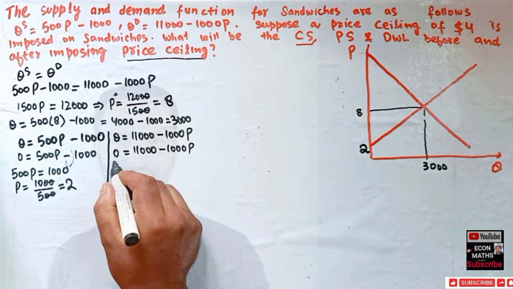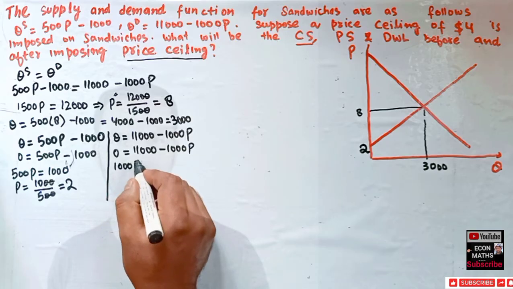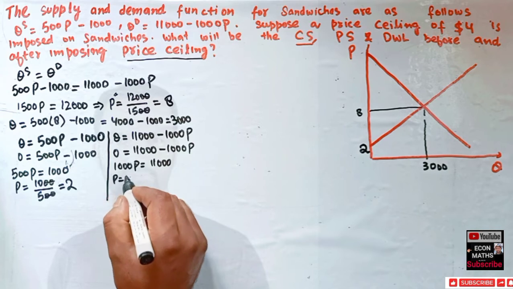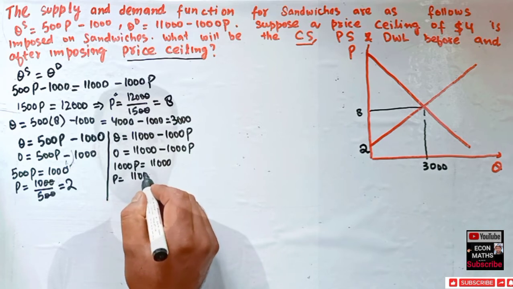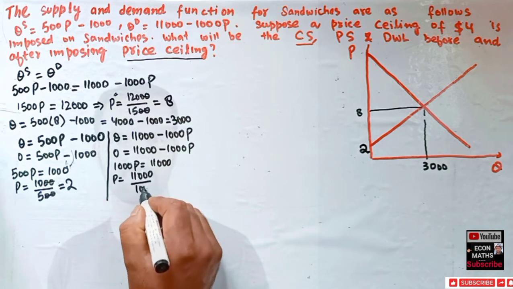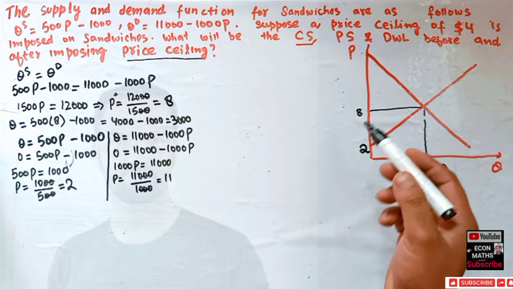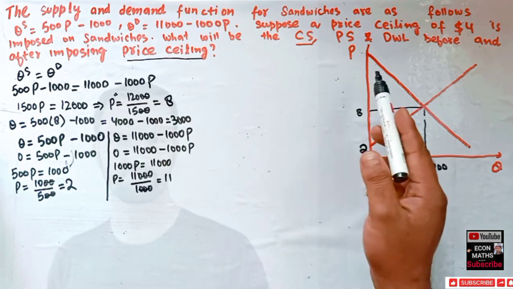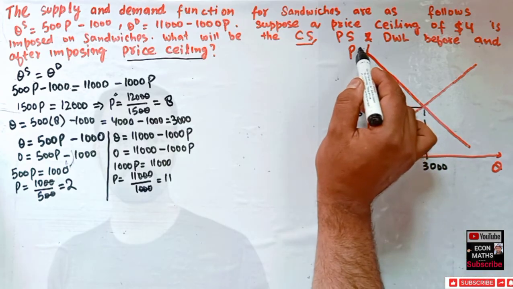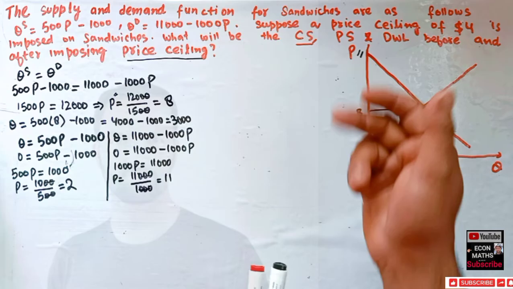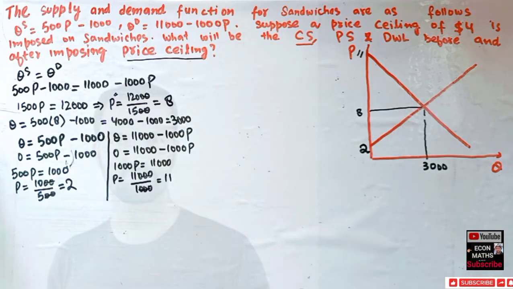When solving we have 1000p is equal to 11,000, or p is equal to 11,000 divided by 1000. This comes out to be 11. So the price intercept of our demand curve is 11 here, so I will write 11 here. It is very easy to calculate the intercepts. Just put q is equal to 0 and you get the price intercept in both cases.